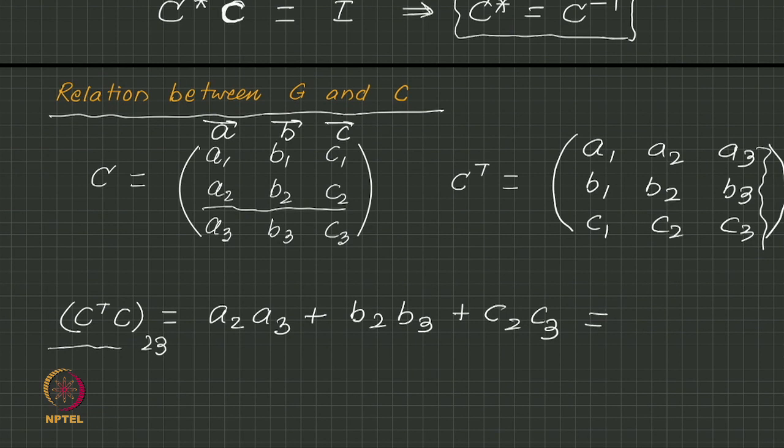But this is A 2, B 2 and C 2, sorry, I multiplied it wrongly. So, let us get rid of this because transpose comes first. So, I should take this matrix first. So, this is C C transpose.